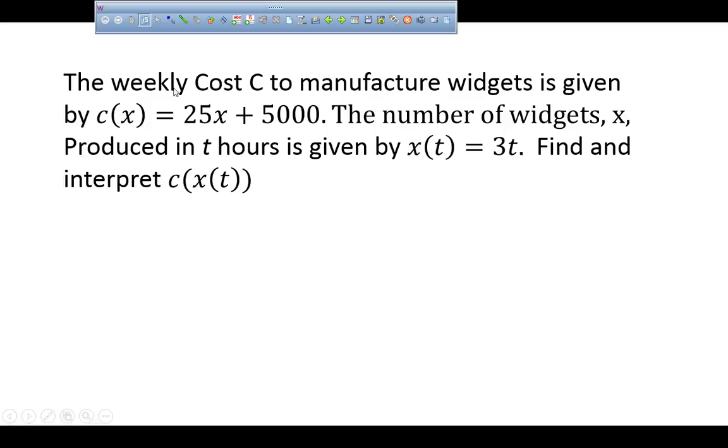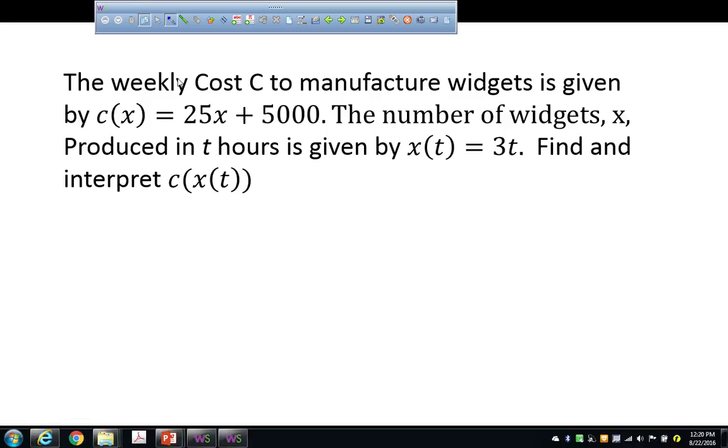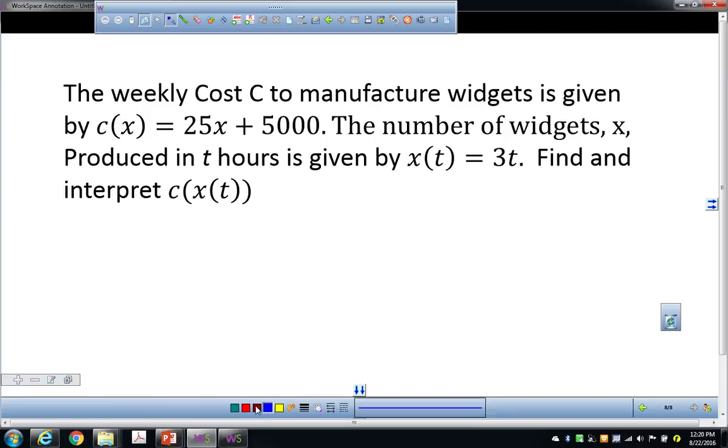I was hopeful. The weekly cost C to manufacture widgets is given by 25,000 X plus 5,000. The number of widgets X produced in T hours is given by X of T equals 3T. Find and interpret C of X of T. So if this is C of X, and I know X of T is 3T, all I do is take this and plug this in to here.